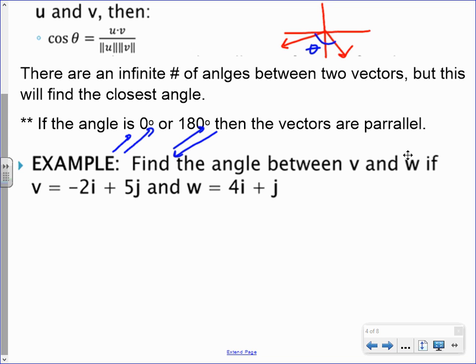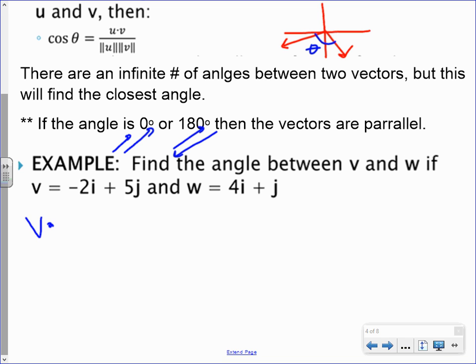So then we're going to do this example. I believe this is the same example from earlier, correct? V is 2i plus 5j and W is 4i plus j. This is the example that we found the dot product in, which is nice because we need the dot product, correct? In order to find the angle in between these two vectors, we need the dot product.